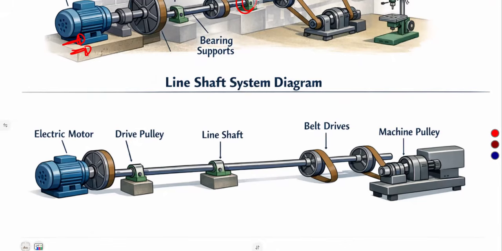All that you must memorize, remember what you had before in your N4. You must go back to your N4 and revise the belt drive so that you do not miss some of the calculations, because we are going to be going back to that. This is what you are going to have as the line shaft system.